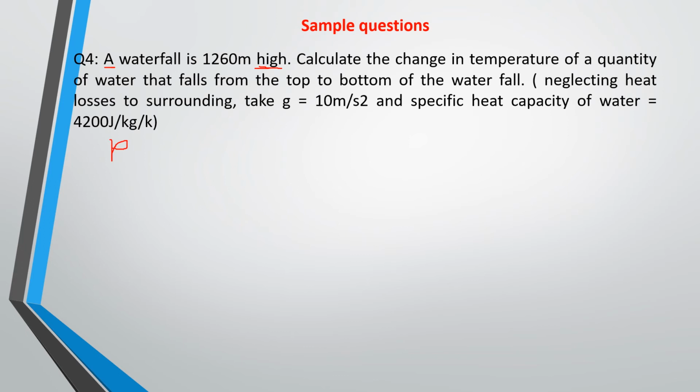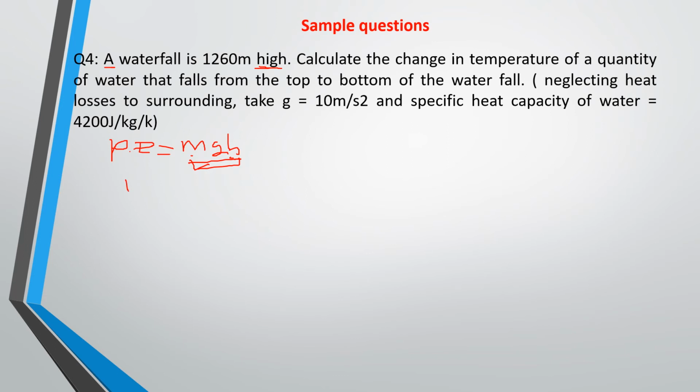Now the potential energy here is equal to mgh, mass times acceleration due to gravity times the height. As the water falls to the bottom of the waterfall, this energy is converted totally to heat energy.